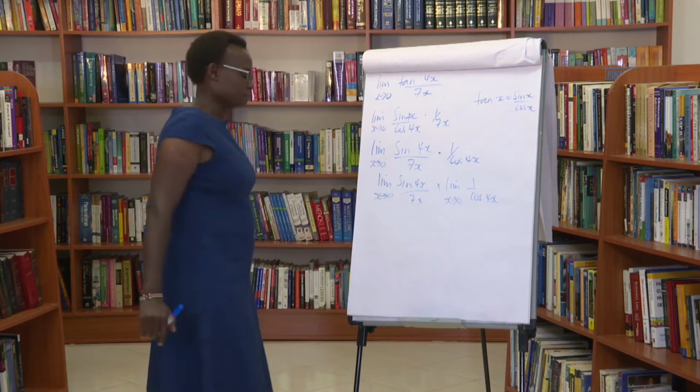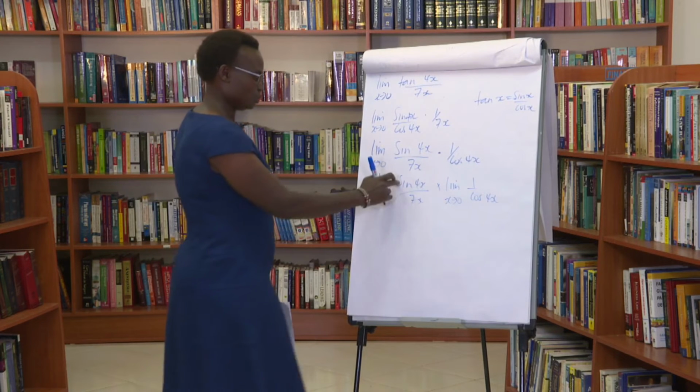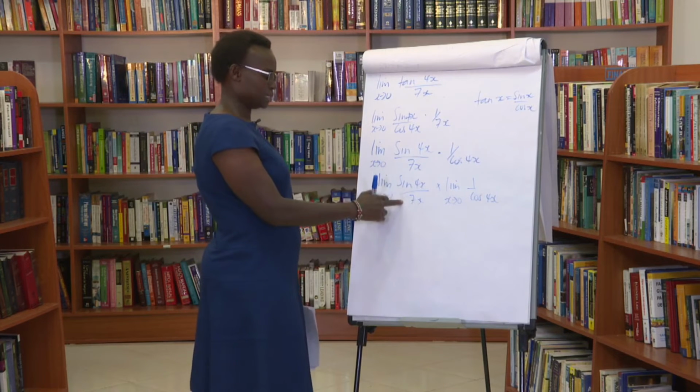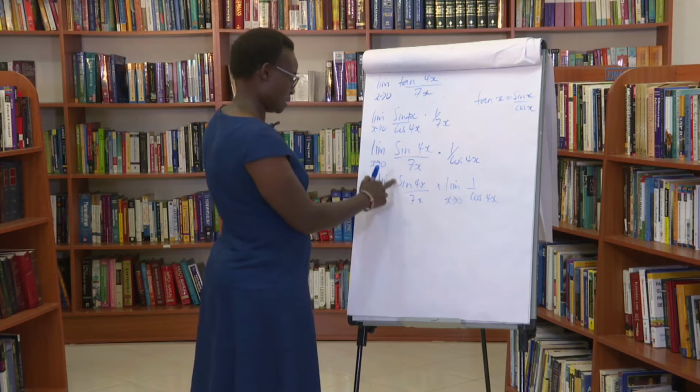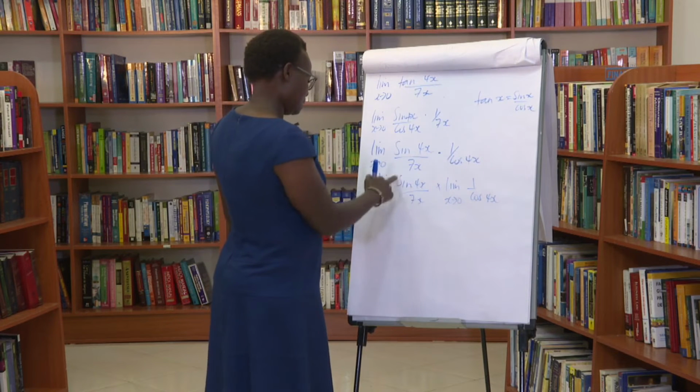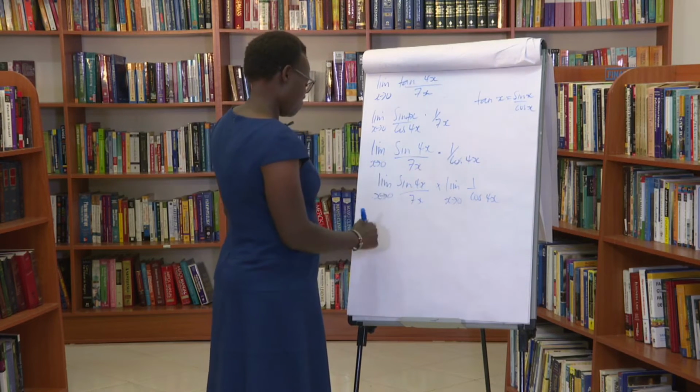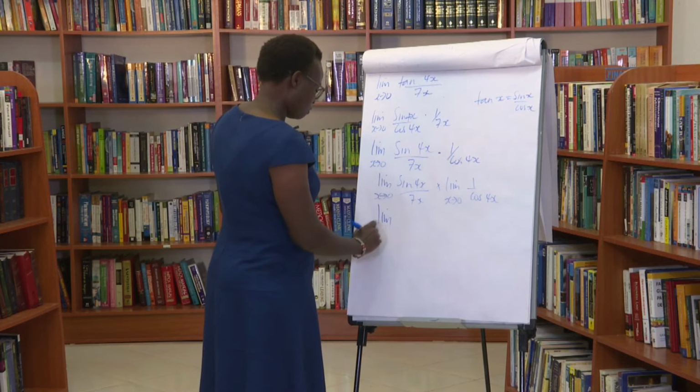Then here again, so that we sort this out, we will have to introduce some factor here. So we multiply by 4 over 4 again.